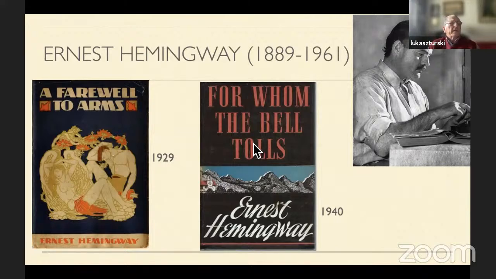And Franco was helped by the two totalitarian countries already existing at the time in Europe, namely fascist Italy, under the guidance of the Caudillo Mussolini, and the Nazi country, Germany, under the Führer Adolf Hitler.